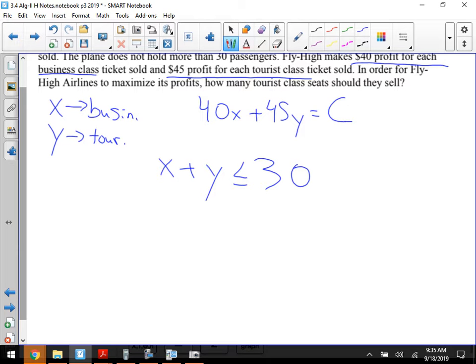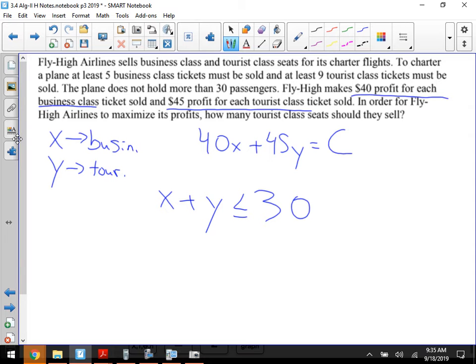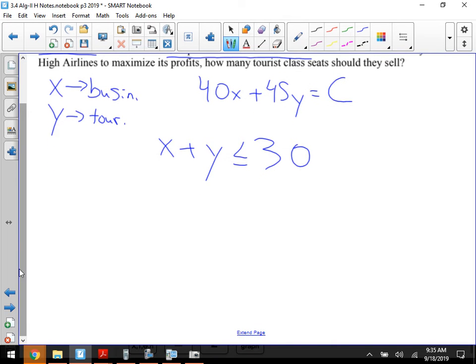All right. Now, it did have parameters on how many seats had to be sold per flight. It said that for the charter of the plane, you had to have at least 5 business class seats, and you had to have at least 9 tourist class seats. The words "at least" mean, can you sell more than that?